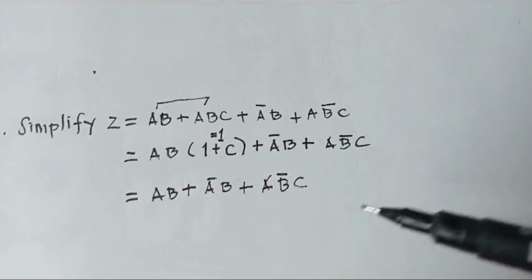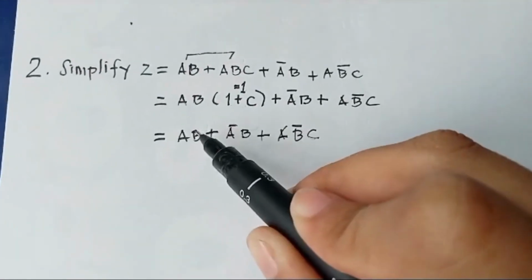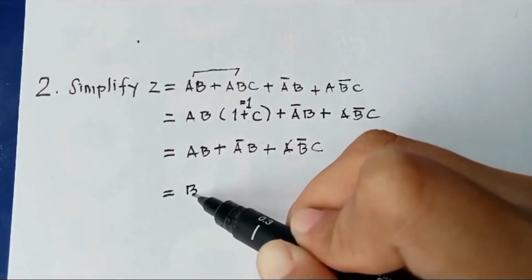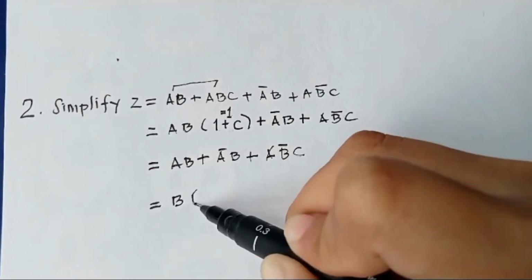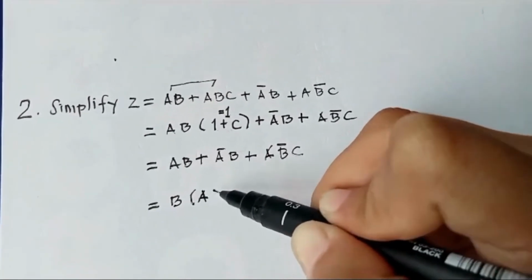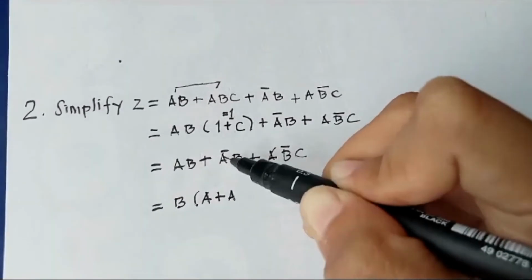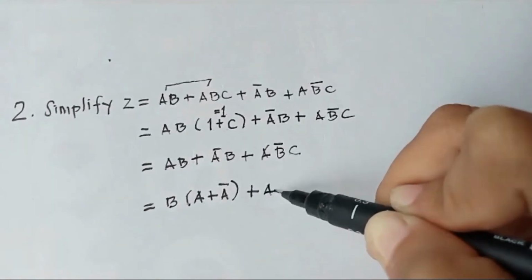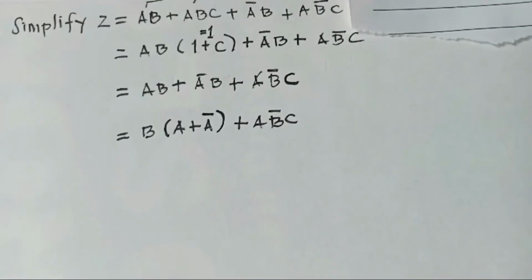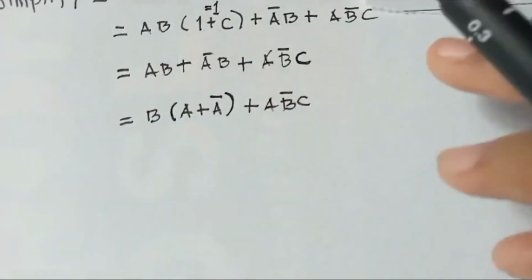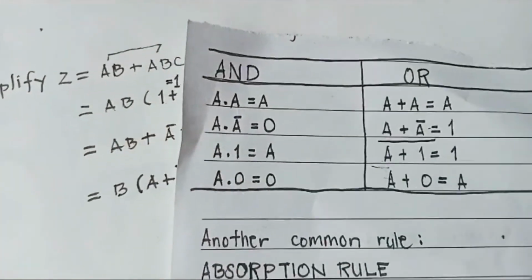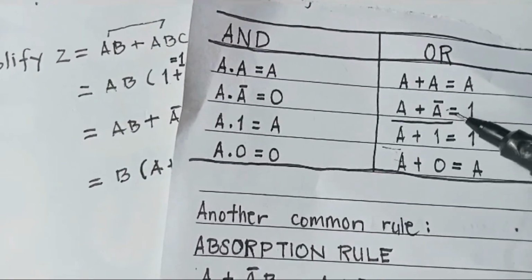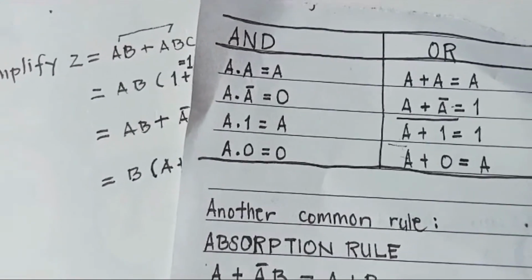Now let's find the common terms again. Here we can see B is the common term, so let's put B times (A plus A bar), plus AB bar C. So in this part of A plus A bar, we applied the OR rule gate, which says that any Boolean value added to its complementary value is always equal to 1.